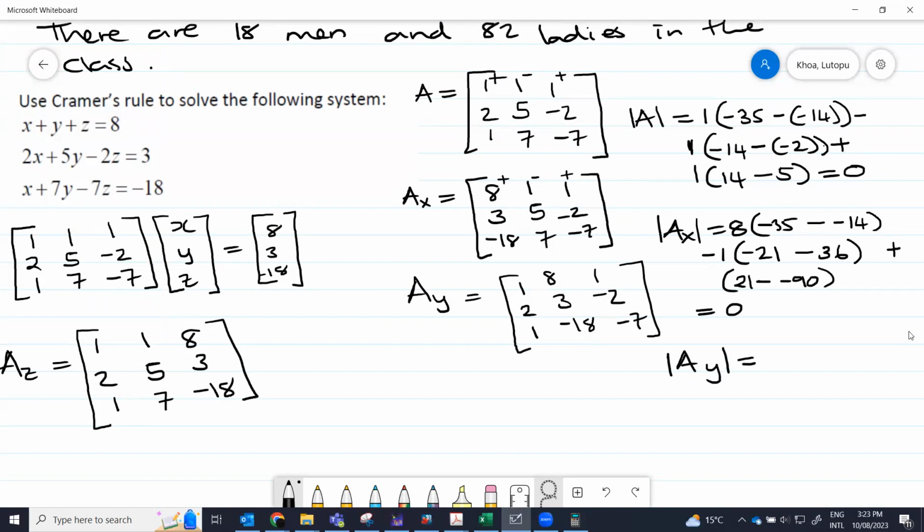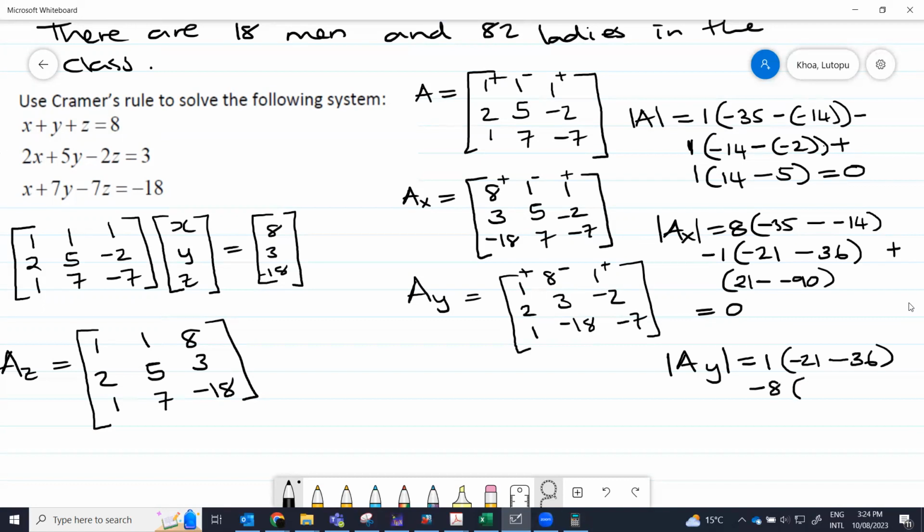The same thing, you can go along a row and a column, whichever one you prefer. So this is 1 multiplied by negative 21 minus 36, and then plus, minus, plus. Next one will be negative because of this negative there.